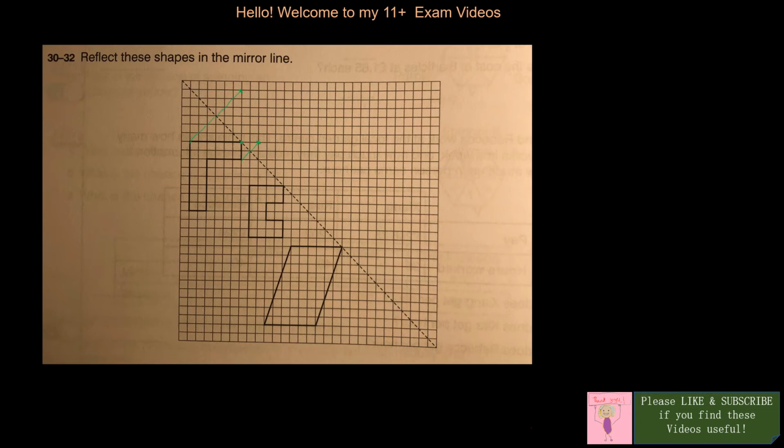The next one is here, 1, 2, 3, 4, 5, 6. Then to the mirror line, again we have to count. That's a mirror line. 1, 2, 3, 4, 5, 6.